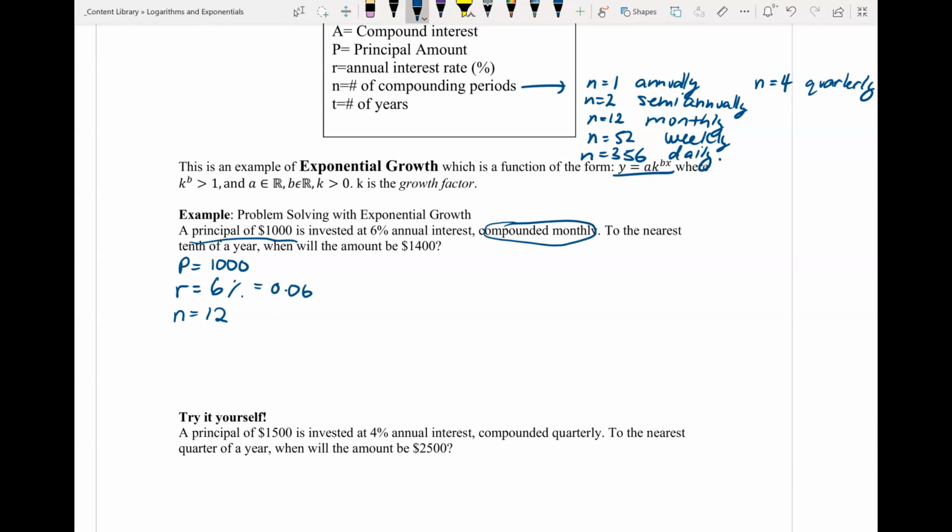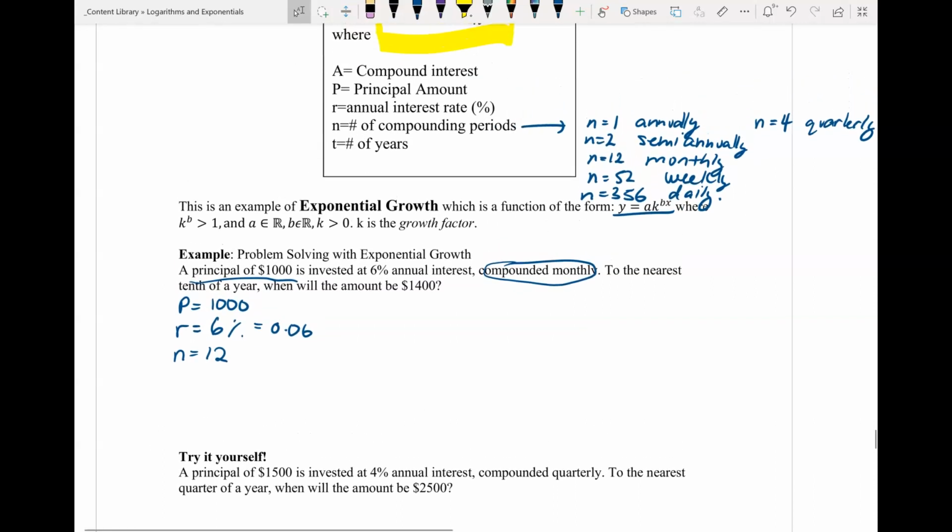So to the nearest tenth of the year, when will the amount be 1,400? This is our A, total compound interest, which is your total amount with compound interest.